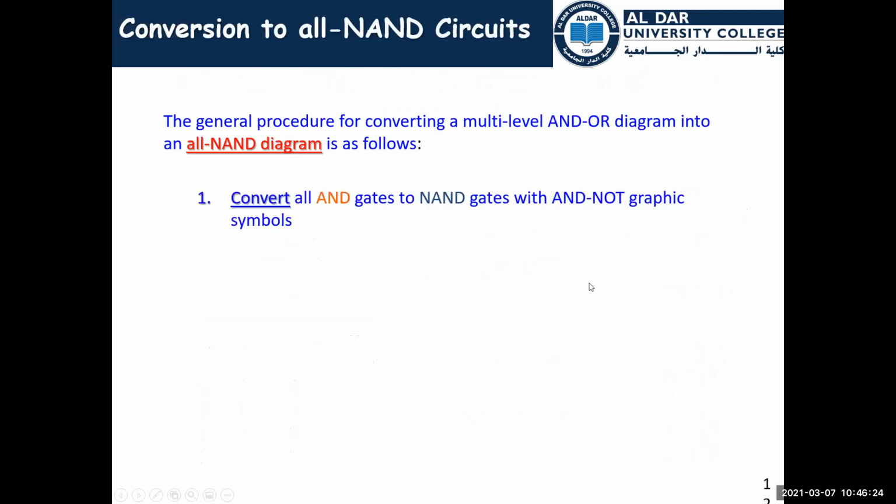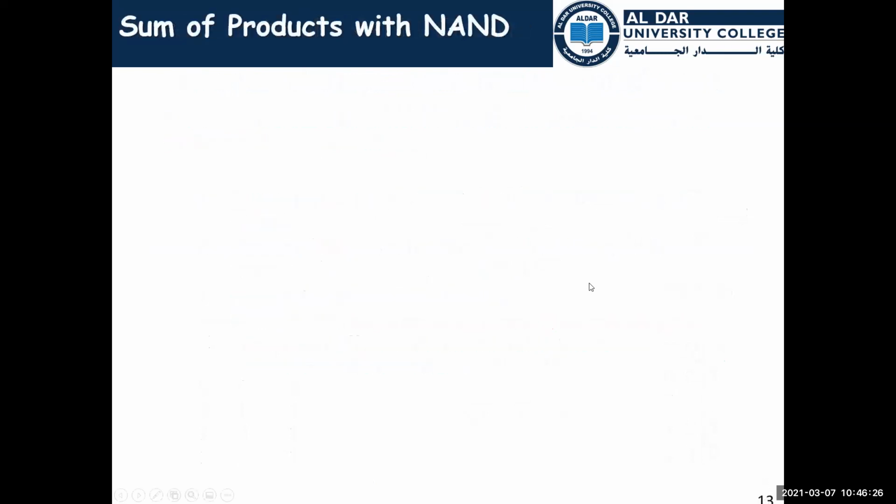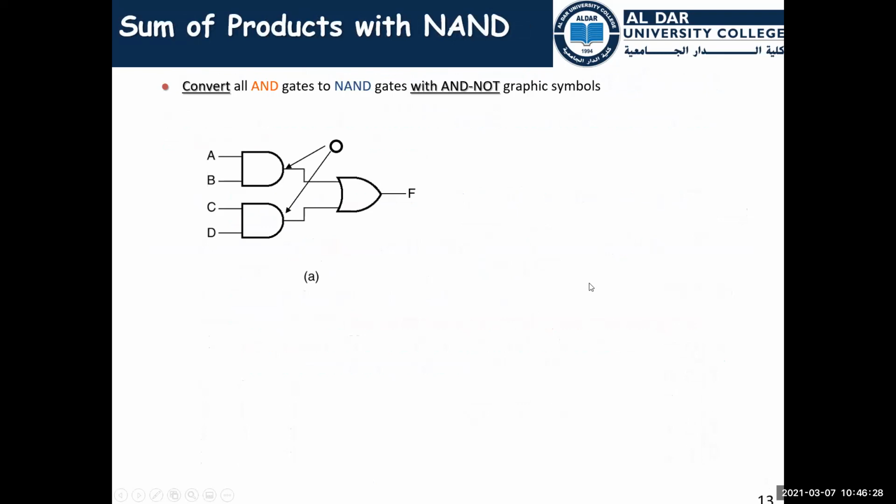Okay, let me tell you the way to convert. You have this circuit, okay? And you want to convert this circuit to all NAND gates. We agree on this. You can have this circuit out of a Karnaugh map or whatever you have. You have the Boolean expression, then you draw your sketch.